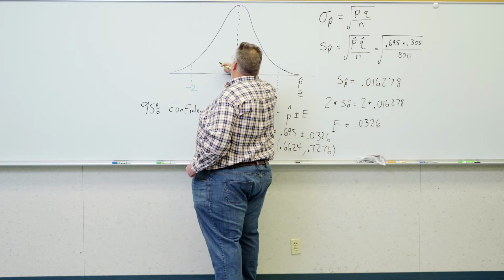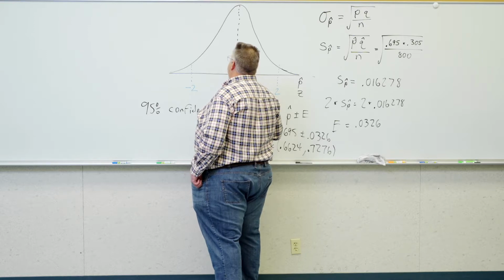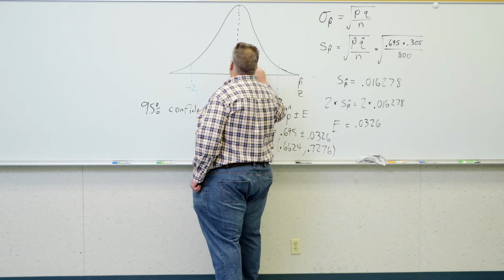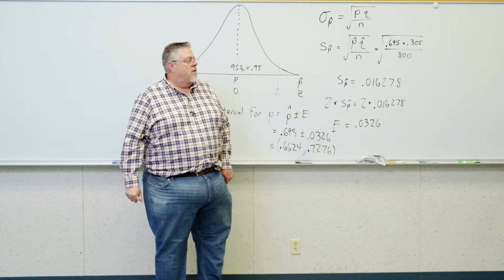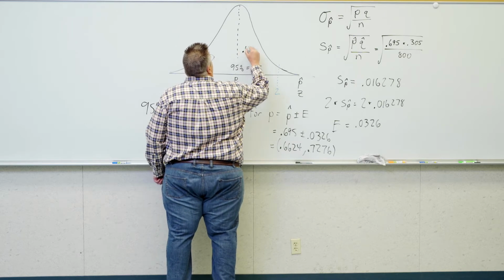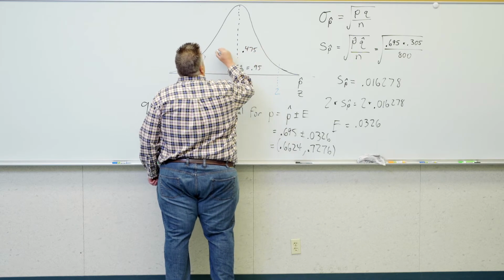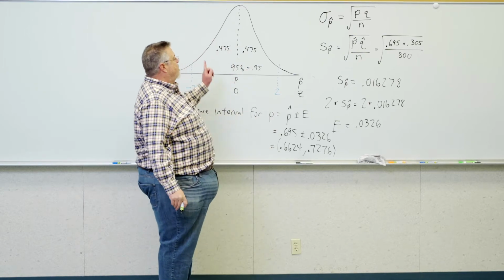If I want this area to be 95%, which is 0.95, then I've got 0.475 here and 0.475 here. Half of 95%.